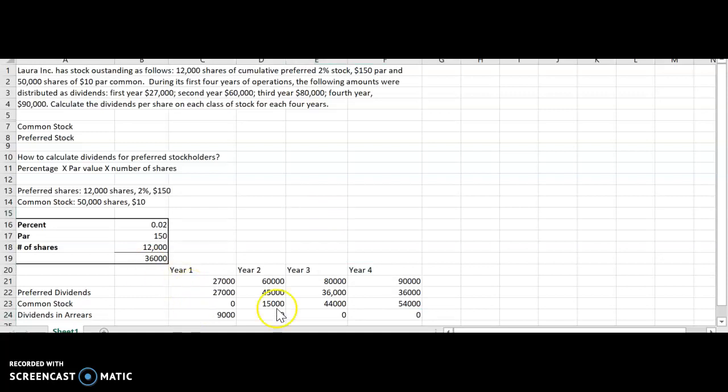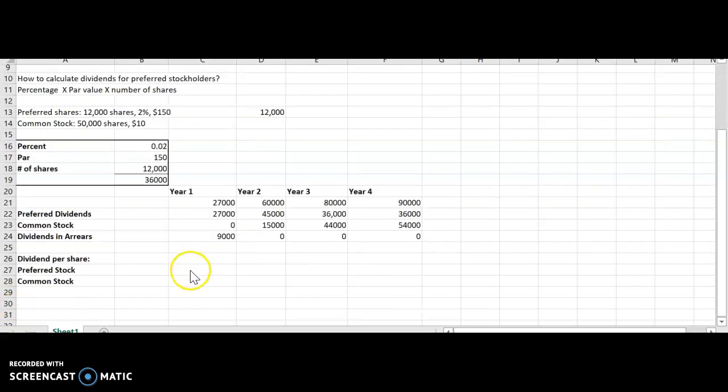So we've calculated the dividends for each year, but we need to calculate the dividends per share on each class of stock for each of the 4 years. When it says per share, it means how much per 1 share of stock. The word per means to divide, so that's how we're going to get to our answer.